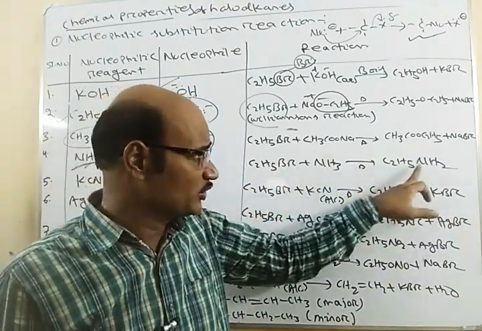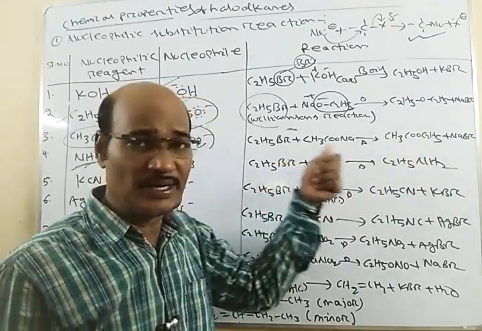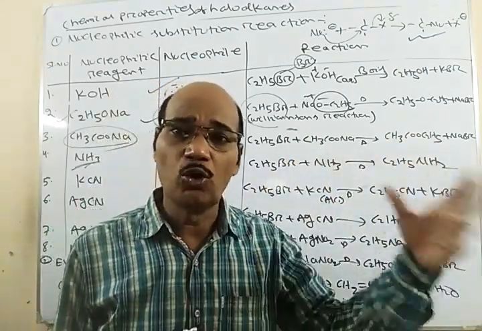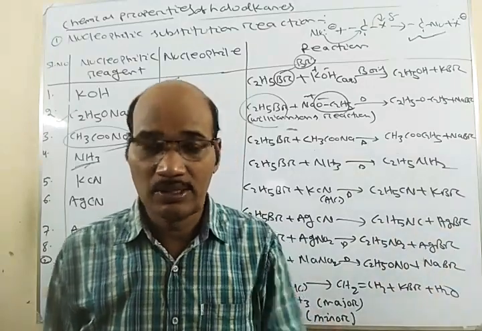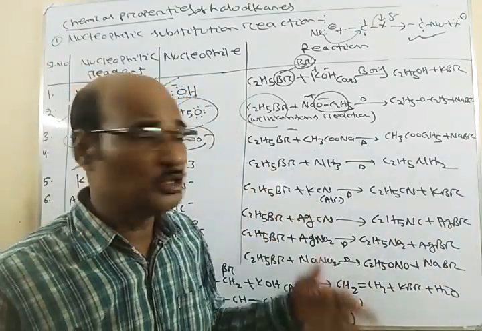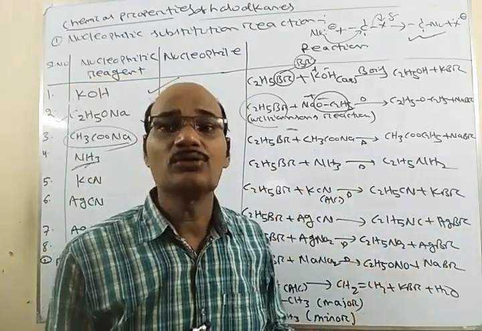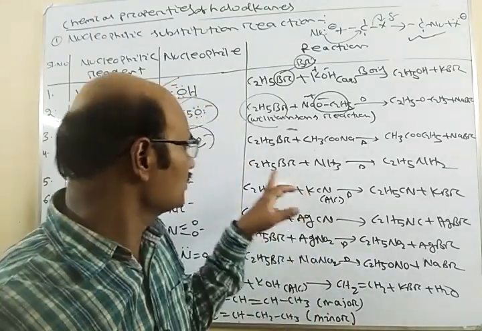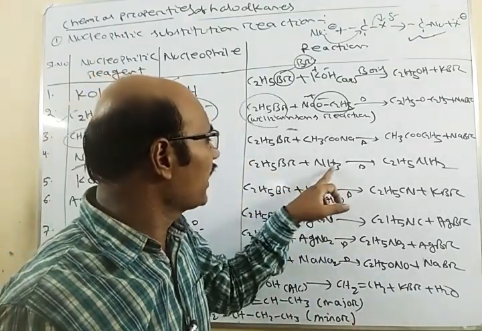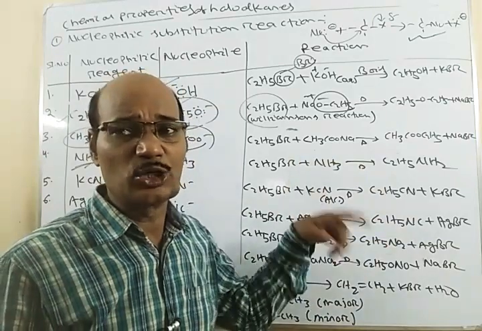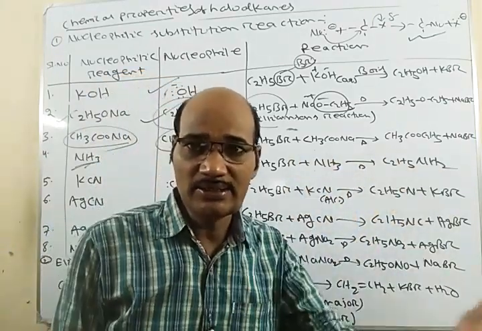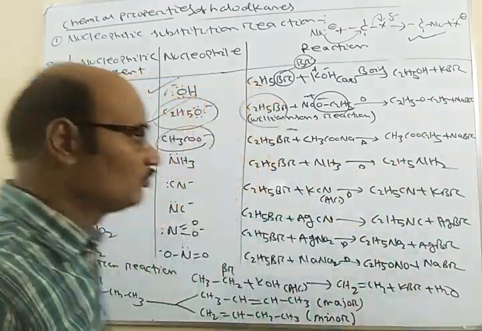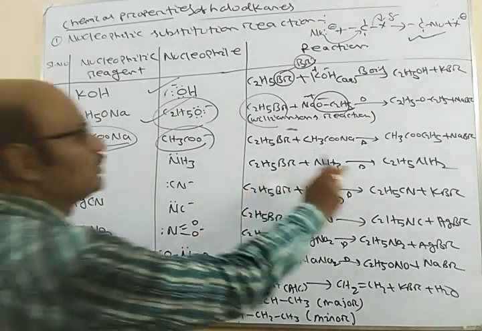So C2H5NH2 plus C2H5Br again gives (C2H5)2NH, a secondary amine. Again, if I take C2H5Br, (C2H5)3N, I will get a tertiary amine. So the hydrogens of NH3 will be replaced by the alkyl groups to form primary, secondary, and tertiary amines. This is also called ammonolysis.